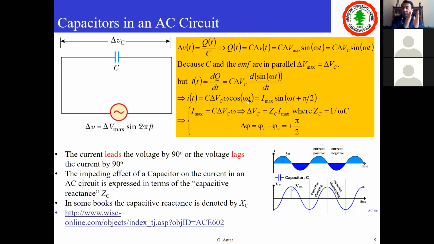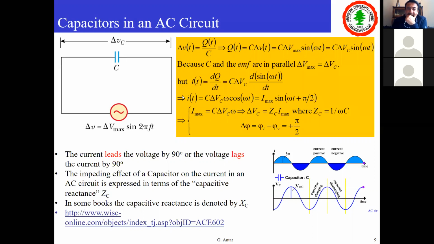So this gives you an idea how come the 1 over omega C is an ohm. It's basically a resistance, but this resistance is not in the form of collisions of the electrons with the atoms, but in the form of charging and discharging of a capacitor. I hope this is clear.